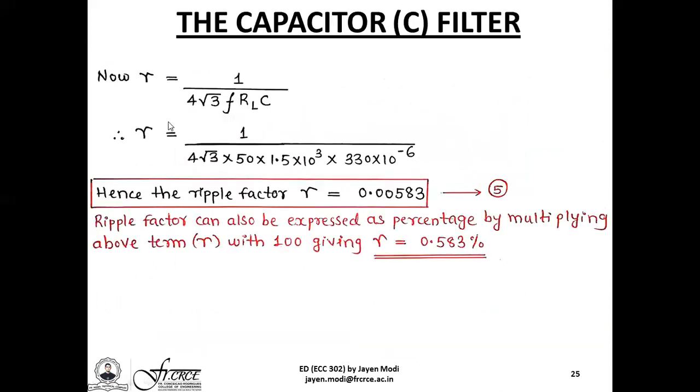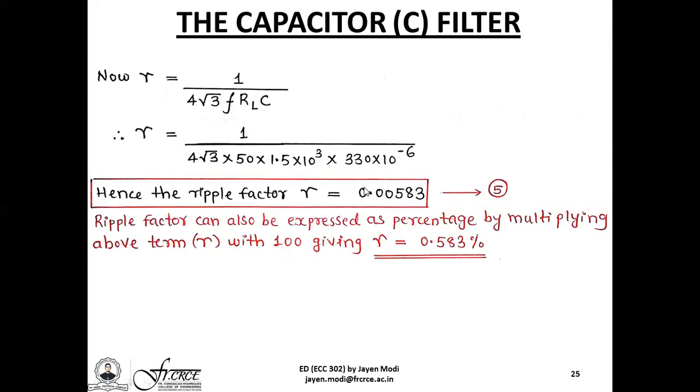Ripple factor gamma is given by gamma is equal to 1 upon 4 root 3 into F into R into C. So giving one step working gives us 1 divided by 4 root 3 into 50 into 1.5 into 10 raised to 3 into 330 into 10 raised to minus 6. Putting the entire term in the calculator gives us ripple factor gamma is equal to 0.00583.